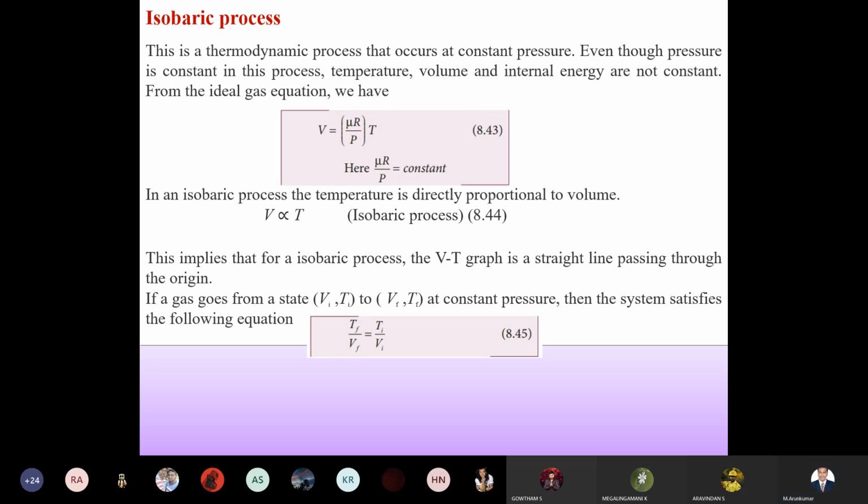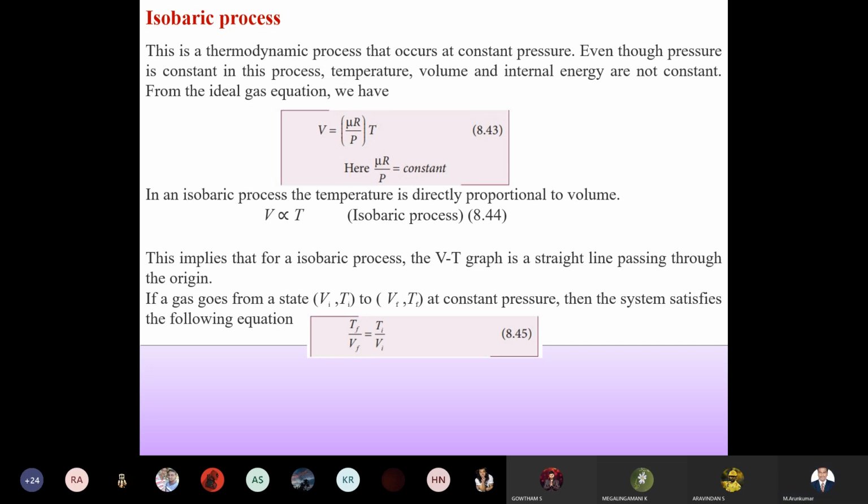So we can take mu R by P as constant. So we can get the equation V is equal to a constant times T. If you increase the volume, then we get an increased temperature. If you decrease the volume, we get a decreased temperature, because V and T are directly proportional.